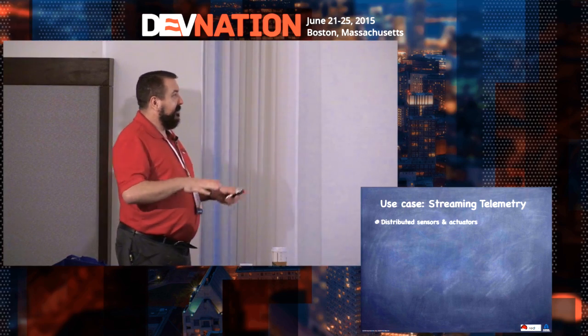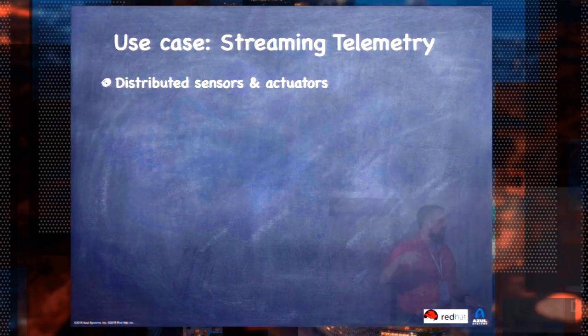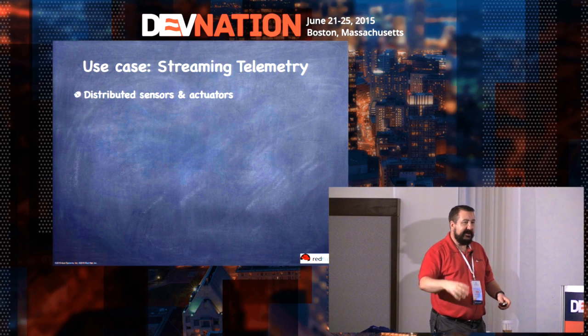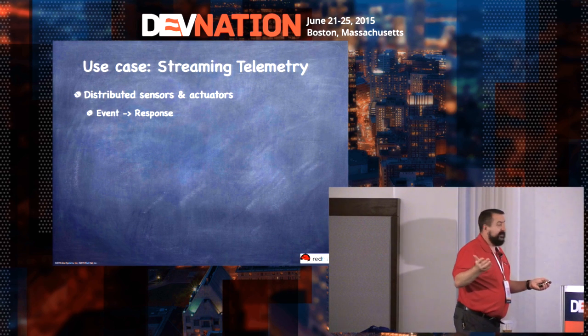It's really based on something where you have distributed sensors, okay? So I have something reading the environment, and then I have something that wants to respond to some kind of correlation of what's happening in the environment and actuate something. So I want to have some kind of process control. It's built on an event response type model, right?